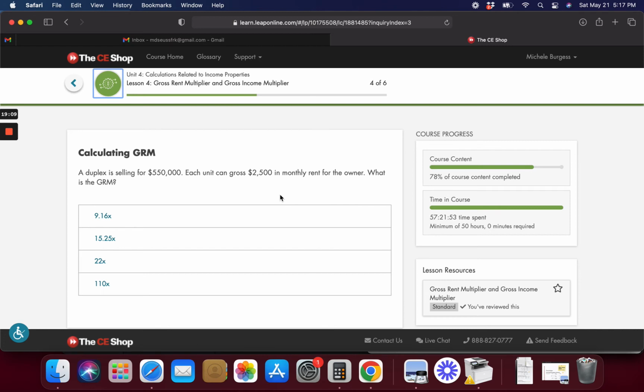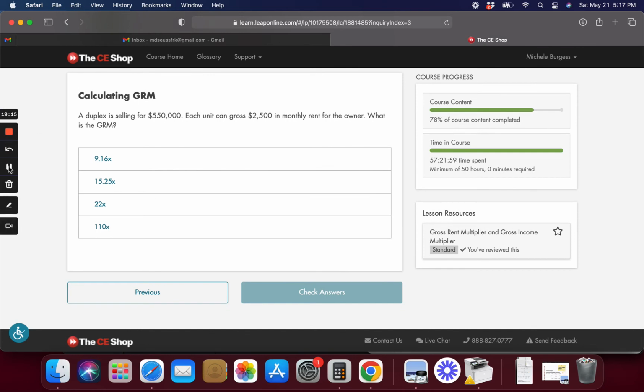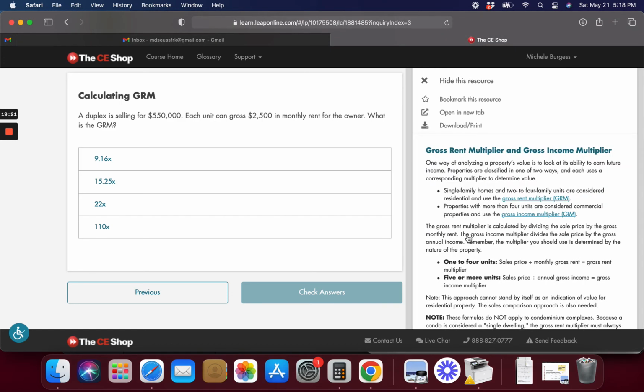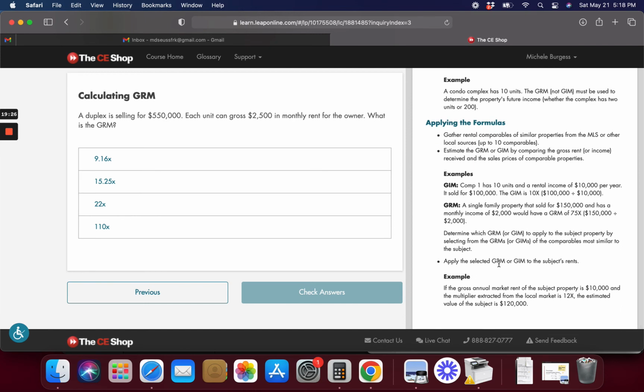A duplex is selling for $550,000, and I have to find the formulas. Okay, a duplex would be monthly income.